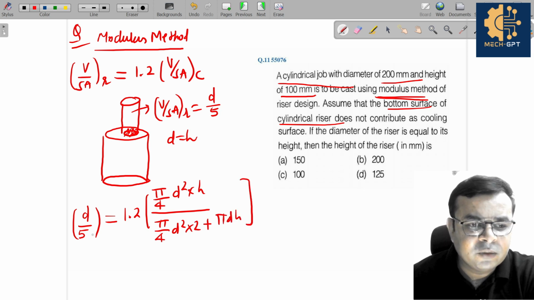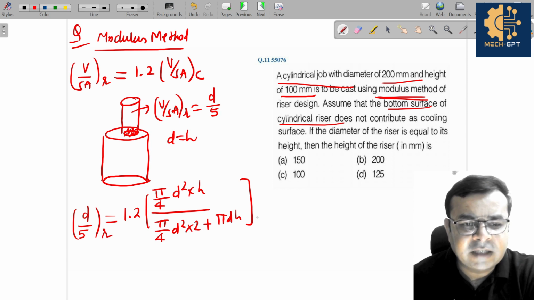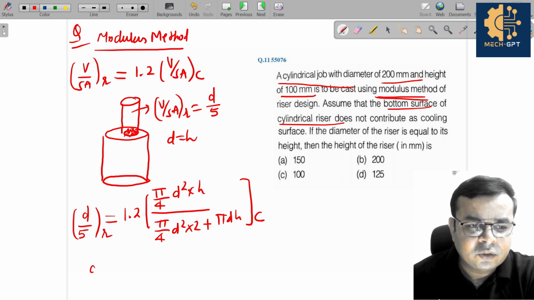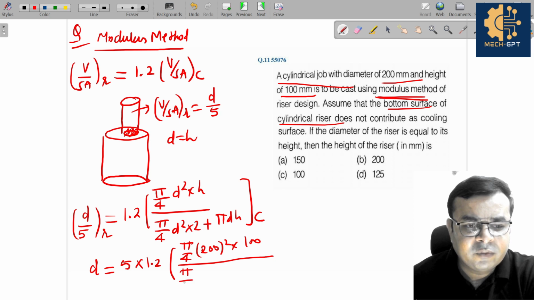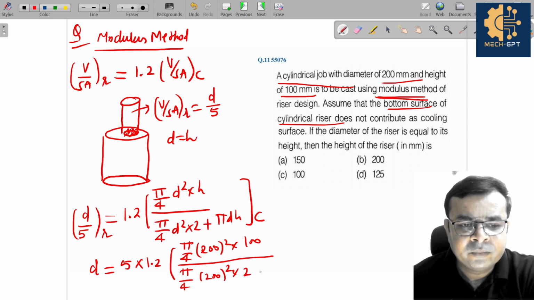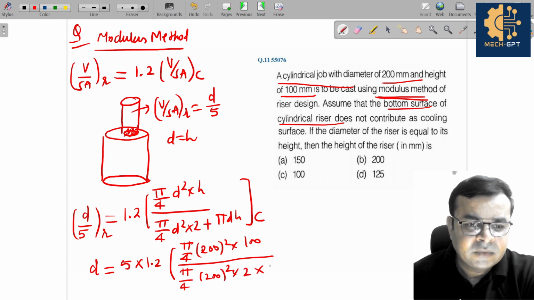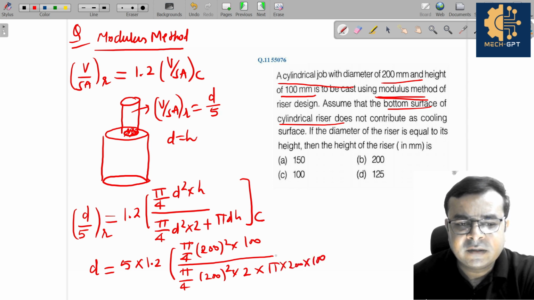Now if we put in the values, d is the diameter of the riser and this is the diameter of the casting. So the diameter is 5 into 1.2 into, putting all the values, 200 square into 100 over pi by 4, 200 square, and obviously here I am multiplying with 2 because we have two surfaces, plus pi into 200 into 100. Correct?